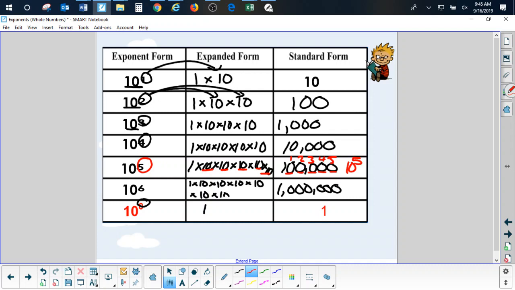And also if I had 5 10s, 1, 2, 3, 4, 5, that still means my exponent needs to be a 5. So we're using those skills of patterns to figure out what my exponent form, expanded form, and standard form could be when I'm solving problems.